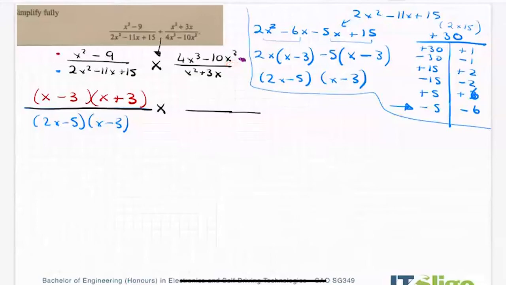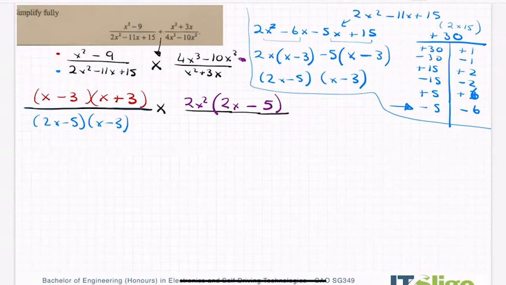There's an x squared there, and there's an x squared built into there. So I have 2x squared on the outside. Now what must I multiply by that 2x squared to bring it up to 4x cubed? Well, I definitely need a 2 to bring it to 4, and then I need another x to bring it up to x cubed, minus I need a 5 to bring it up to 10, and I already have the x squared there.